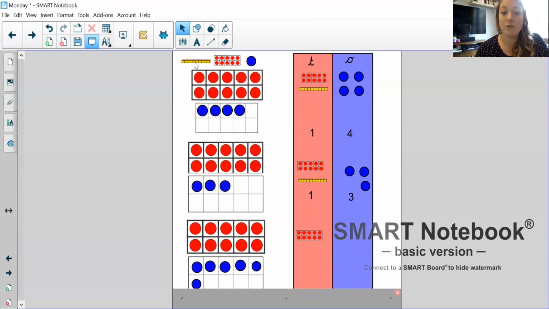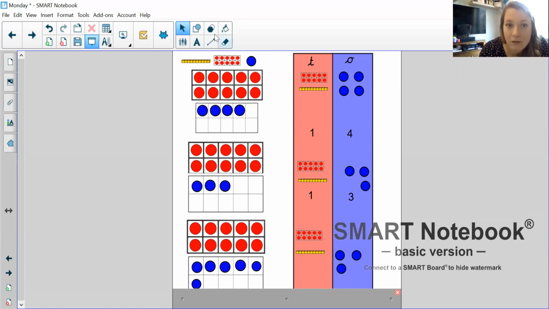If I were to use Deans, I would have 1 10 stick. How many ones are there? 1, 2, 3, 4, 5, 6 ones. So I'm going to move 6 across. I'm going to put them a little bit lower, Hopper, because I've got this annoying watermark on my screen. So I'm going to put them lower so you can see them.